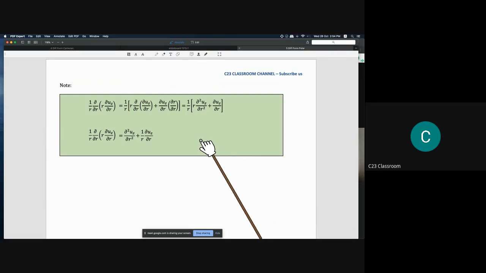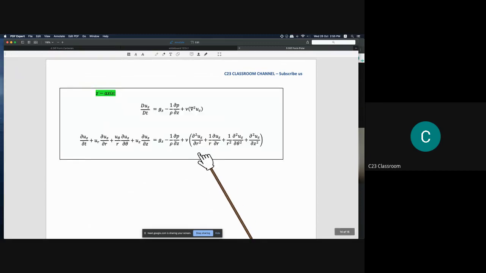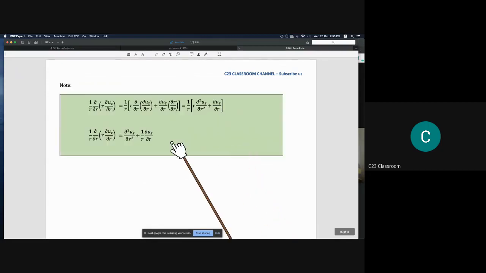What I want to say is that sometimes there is 1 over r here and sometimes 1 over r square and so on. Please take note about the conversion of this one, because in certain textbooks they will write 1 over r del r u z del r, and in certain textbooks they will write in this term 1 over r del r u square del r plus and so on.